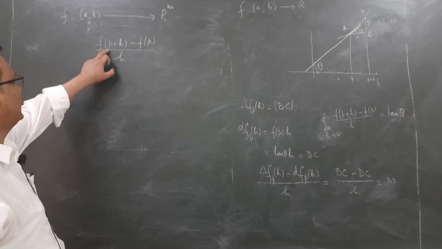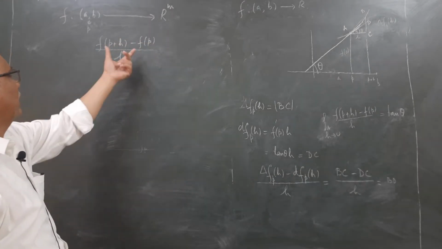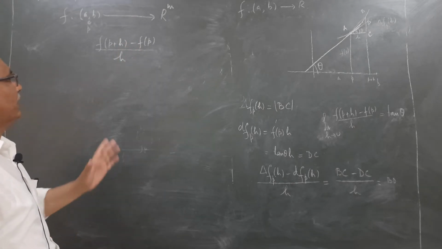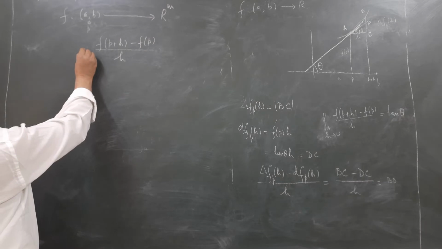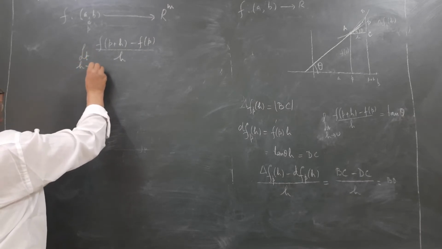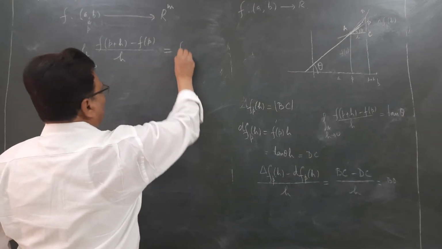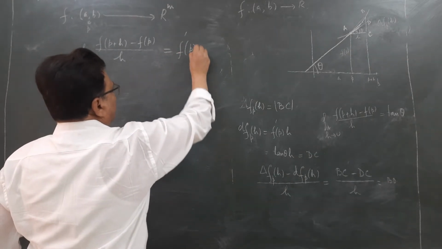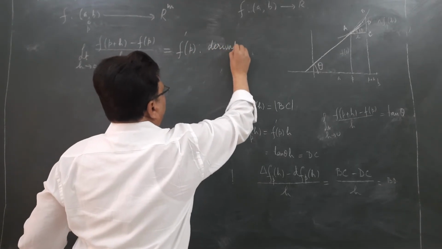F of p plus h is a vector in Rm, similarly f of p is a vector in Rm, the difference of the two is a vector in Rm, and when you divide this vector by the scalar h, it will remain a vector. In the limiting case also it will remain a vector. If this limit exists, I will call it f dash p, or the derivative of f at p.